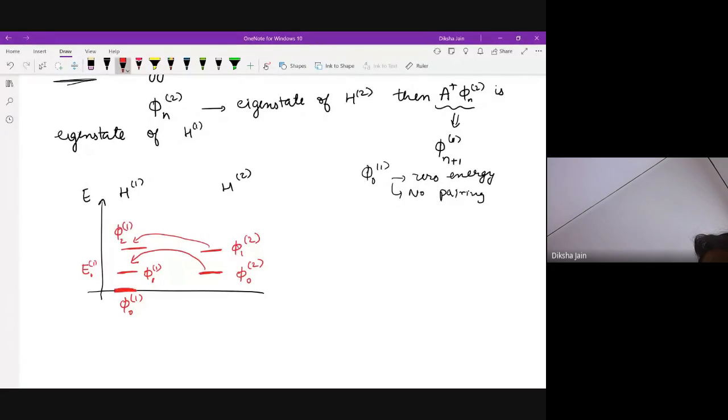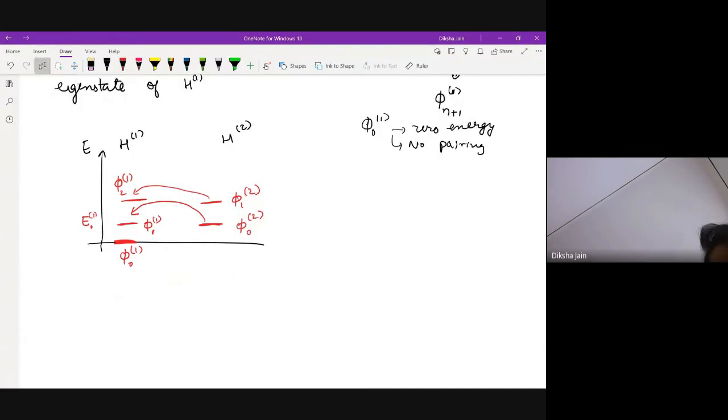And so on. So except the 0 energy, all the other states are paired. And this is the pairing. So the 0th state of Hamiltonian 2 is related to the first excited state of Hamiltonian 1. Is it clear now?